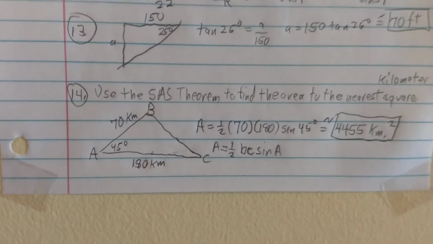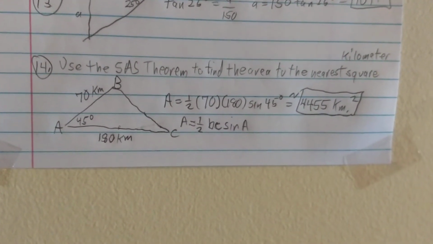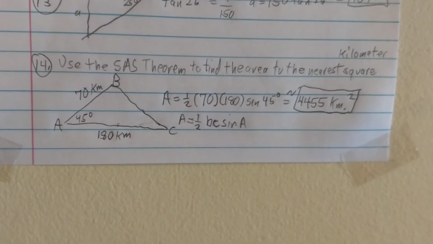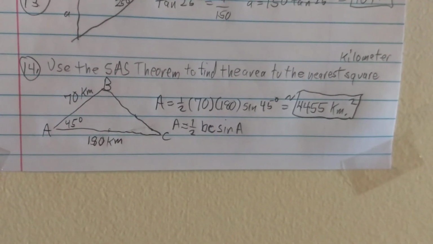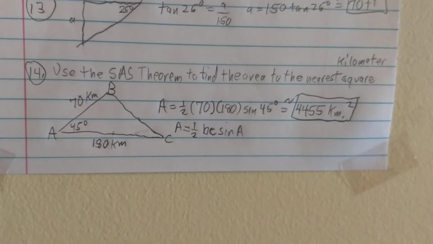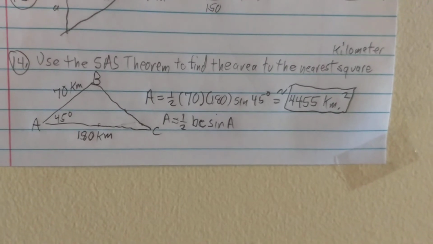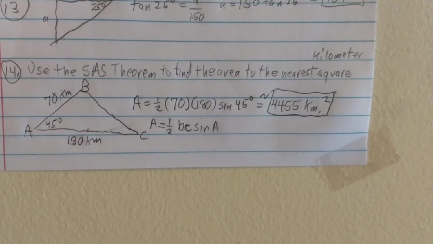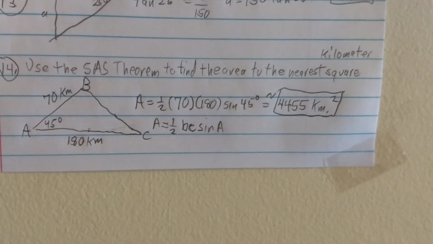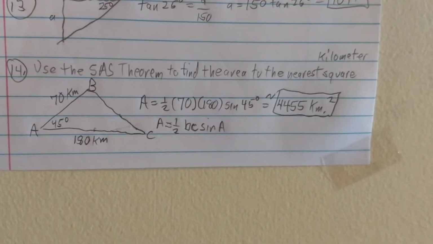Now for 14, it says use the SAS theorem to find the area to the nearest square kilometer. Well, we have side AB is 70 kilometers, side AC is 180 kilometers, and the angle between them to make it SAS is 45. And remember, our simple formula for area for that is 1/2 times the sides times the sine of the angle between.